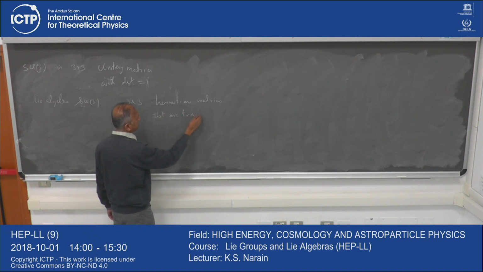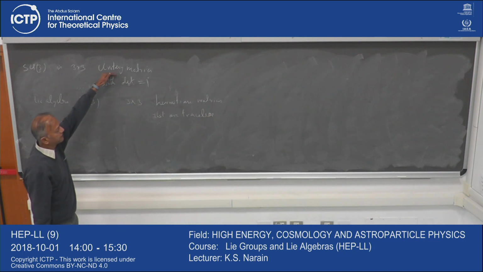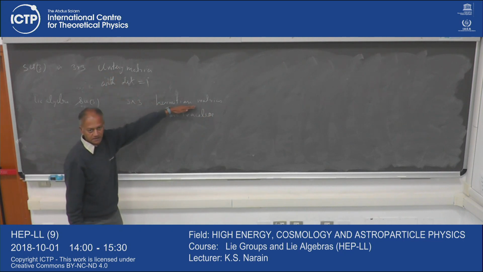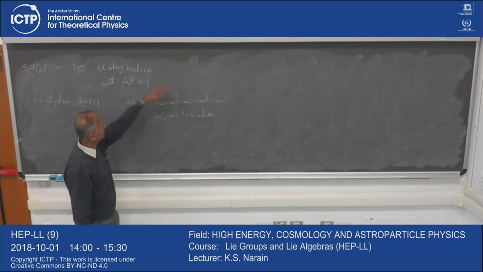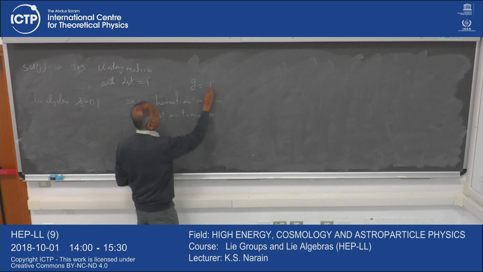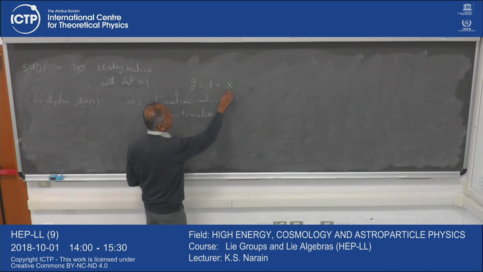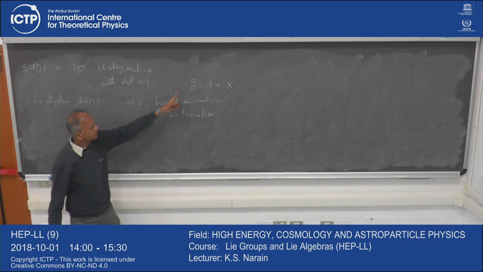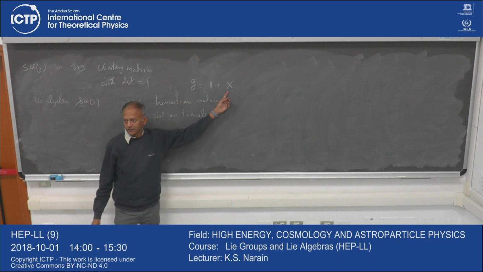This we have seen many times, right? The unitary matrices, if you look at the infinitesimal version, it is Hermitian matrices. When you write the matrix G as identity plus some small X, if this is unitary, then X must be Hermitian.